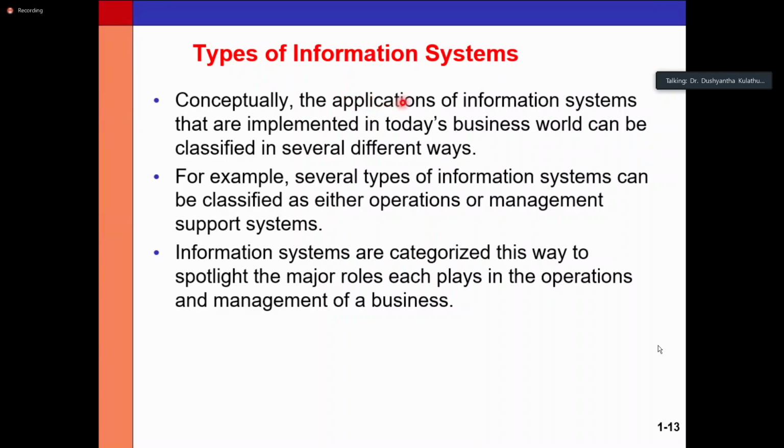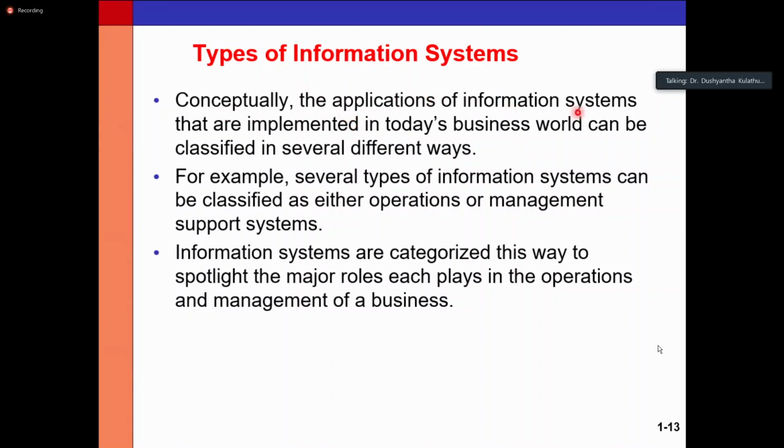Here we are going to look at one such classification, but that is not the only classification which we can use to classify or categorize information systems. In different textbooks, different authors have utilized different classifications. But for this particular course, please remember the classification that we are utilizing here.